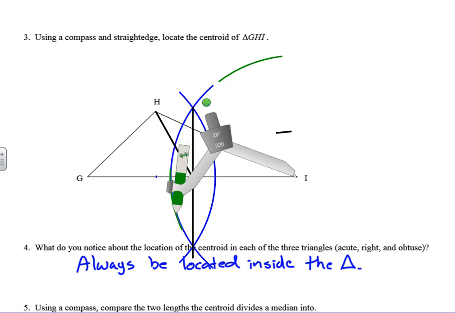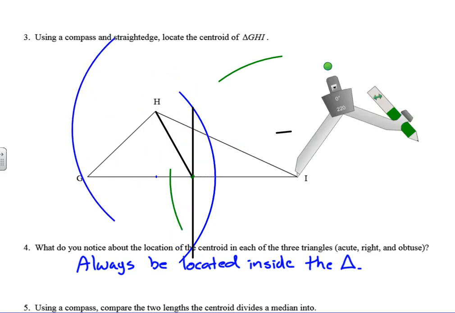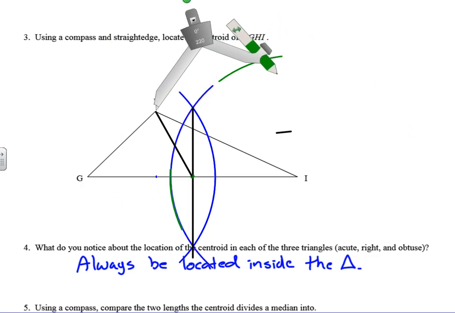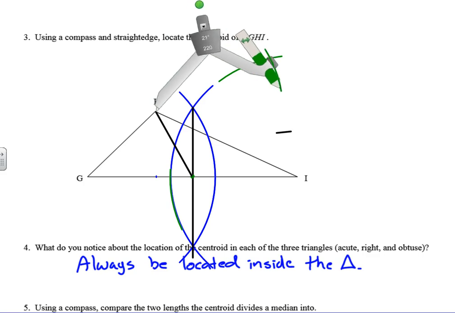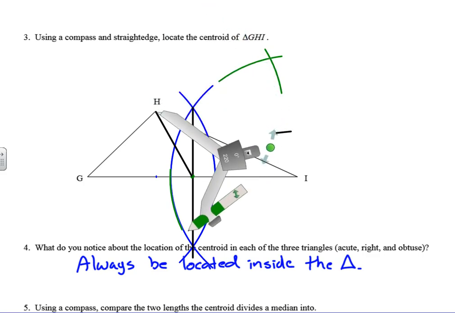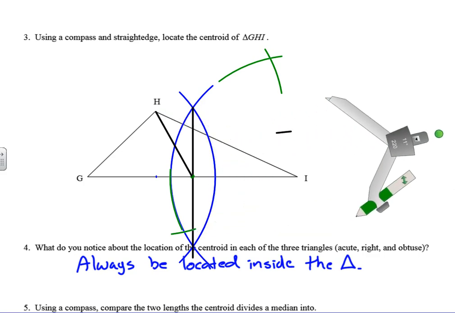Notice that's the same arc that we have there. Didn't want to move that. So we bring the compass over here above, come down here below. Use a straight edge, and that's going to give us the other.